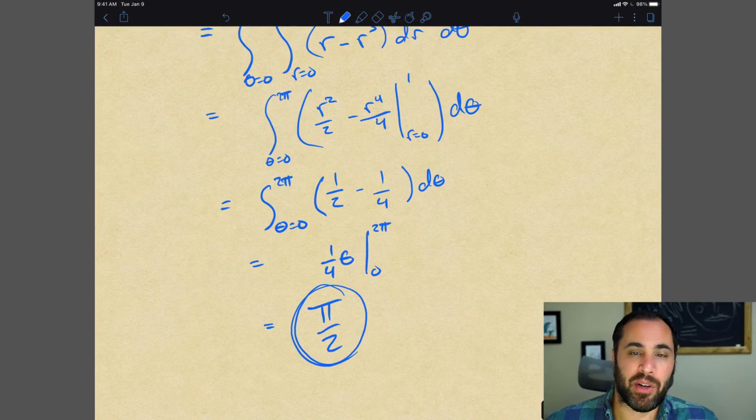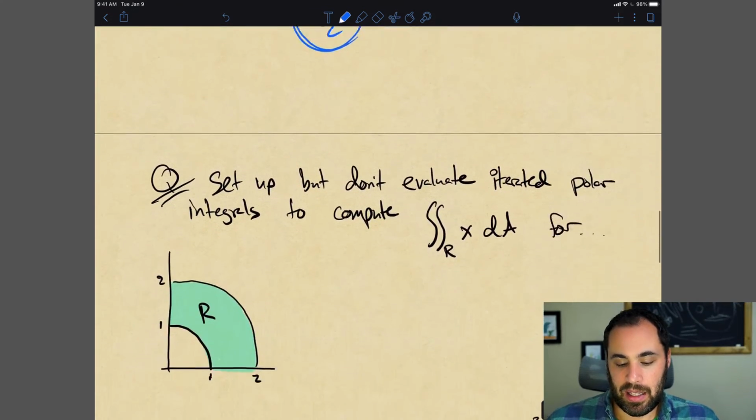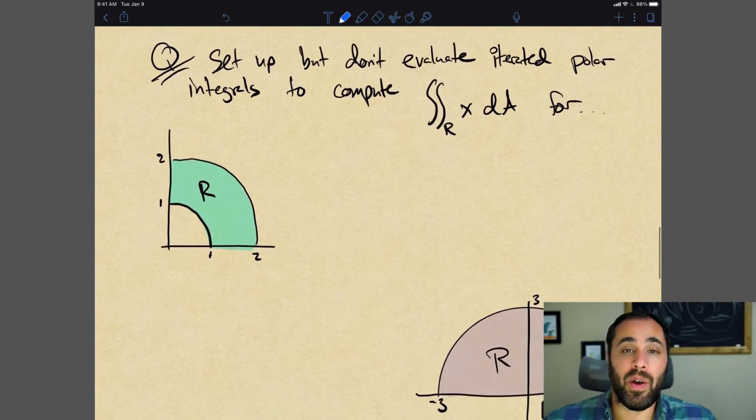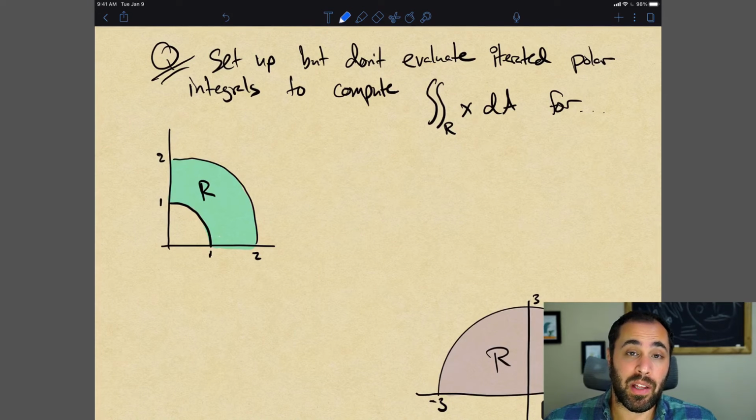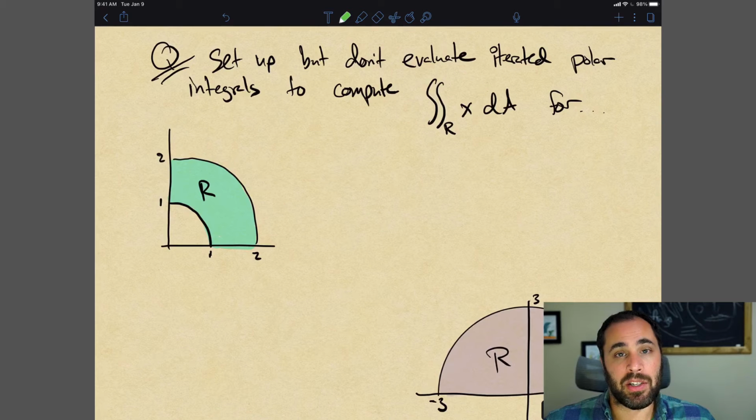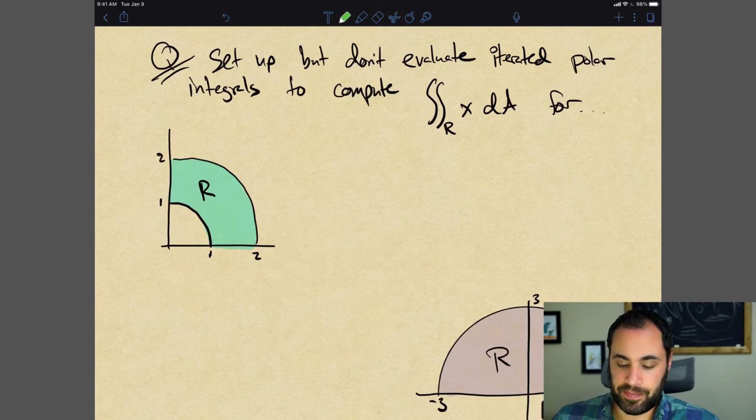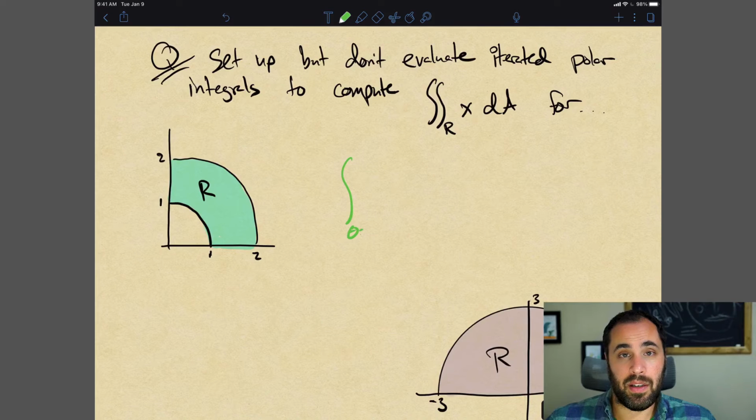I don't want to compute any more integrals, but let's just write down what these iterated integrals would look like using polar coordinates. So in this particular example, imagine our integrand is simply the function x. And well, this first region is sort of this quarter donut. Well, the theta bounds, this is happening in the first quadrant.